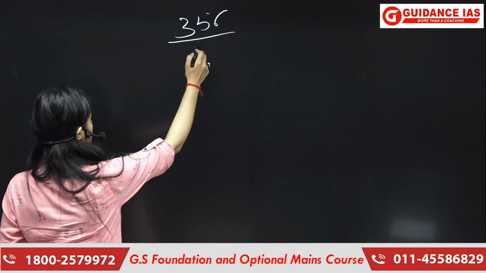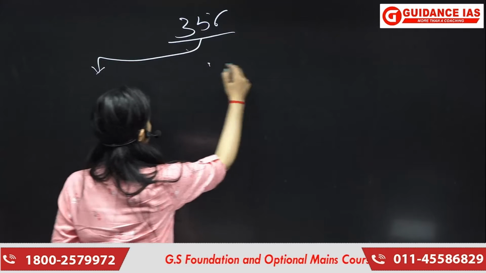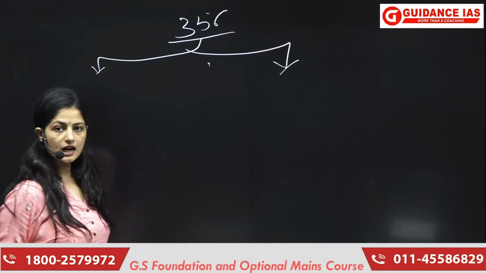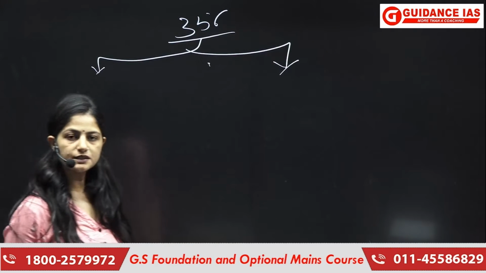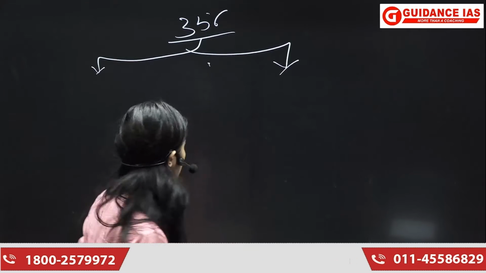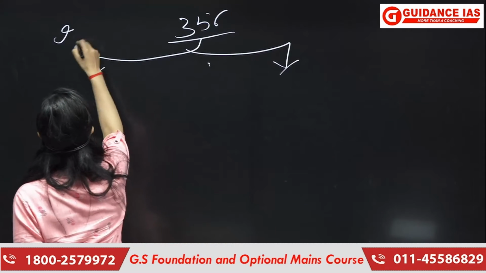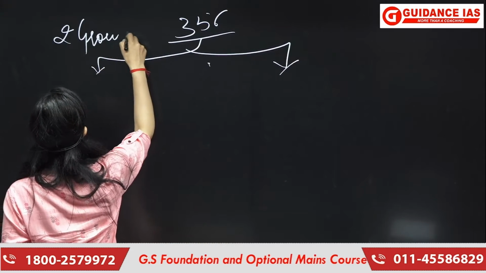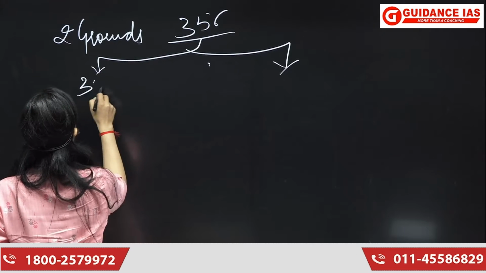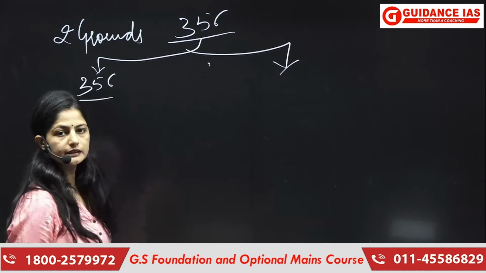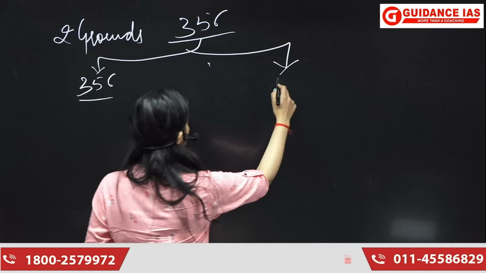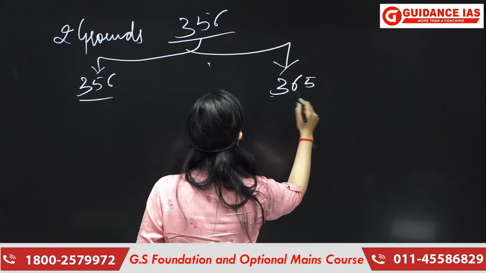As I was telling you, we will be dealing with Article 356 in a bit of detail. The first question that could arise is: what are the grounds for the imposition of Article 356, or President's rule? There are two grounds on which it could be imposed. The first ground is mentioned in Article 356 itself, and another is in Article 365.